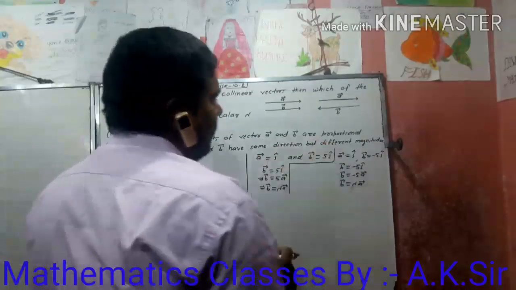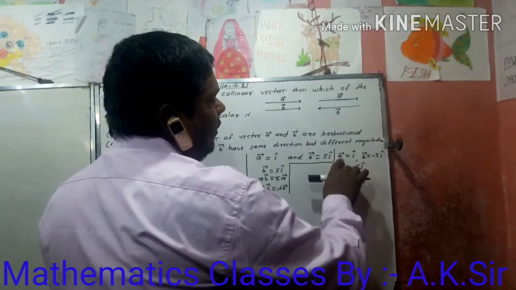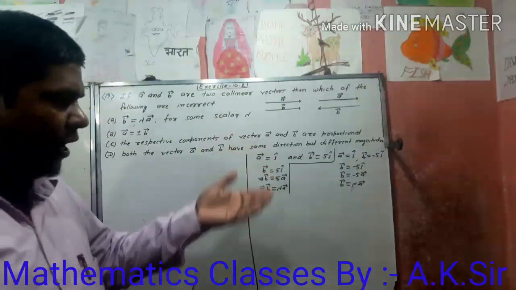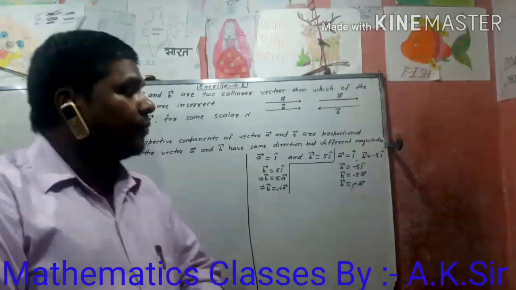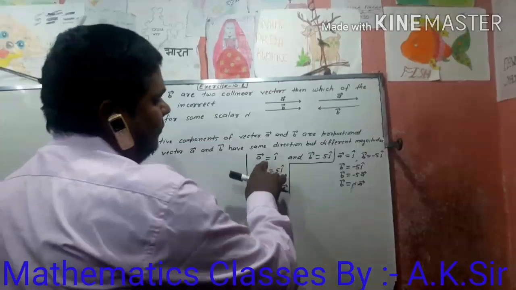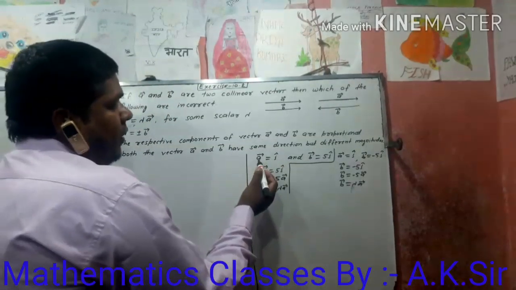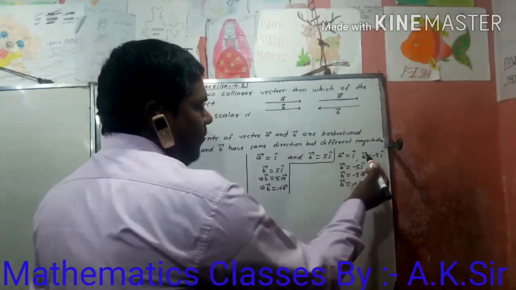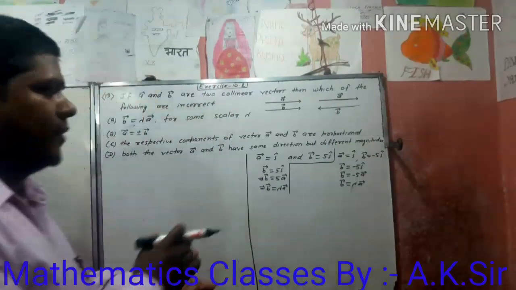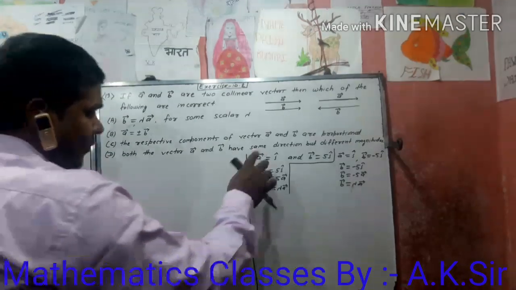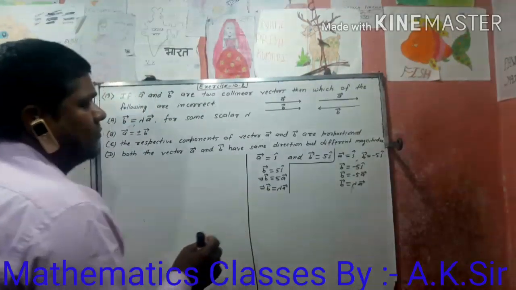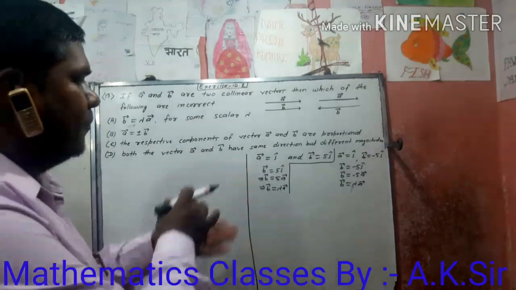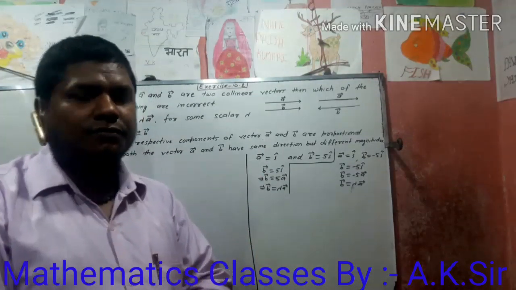And in the other example, A vector and B vector are parallel to each other because both vectors are present on the x-axis. In this example, A vector and B vector have the same direction. In this example, A vector and B vector do not have the same direction, but in both examples, A and B vectors are parallel to each other.